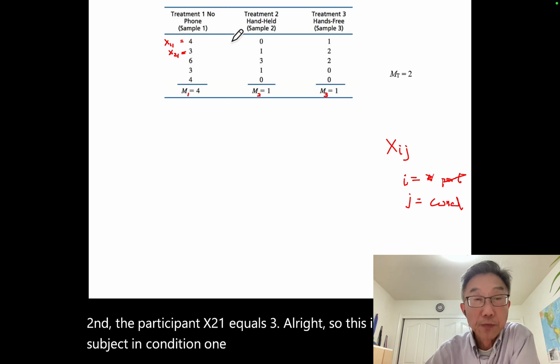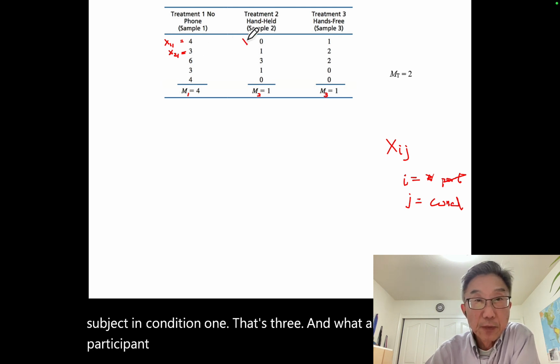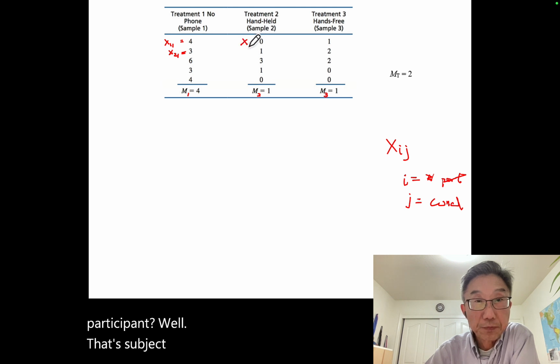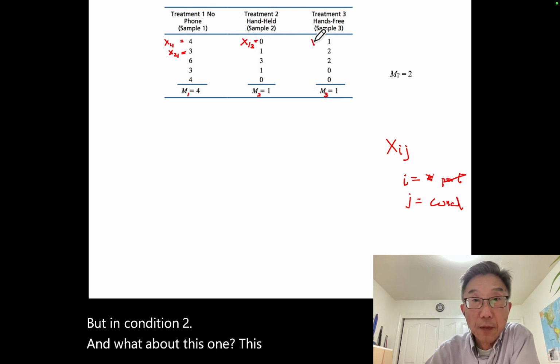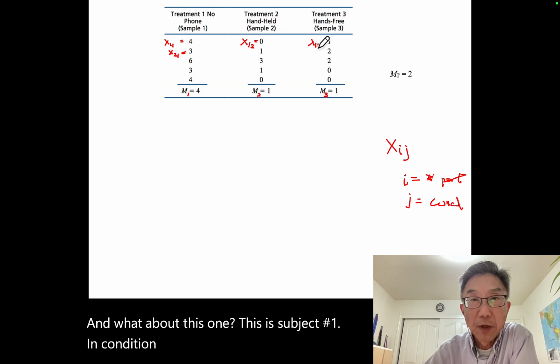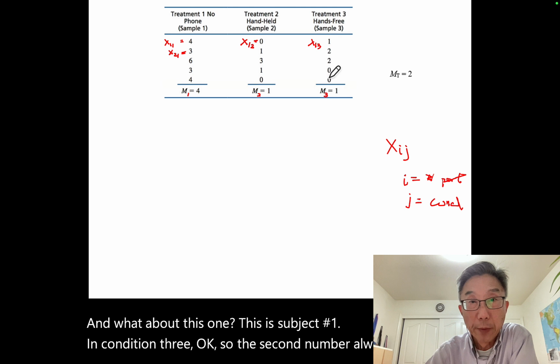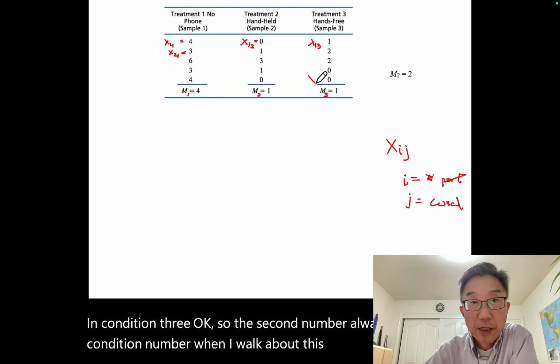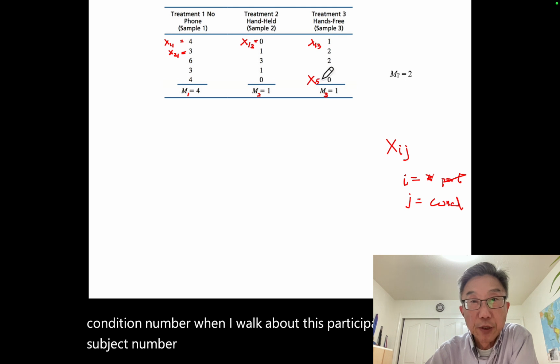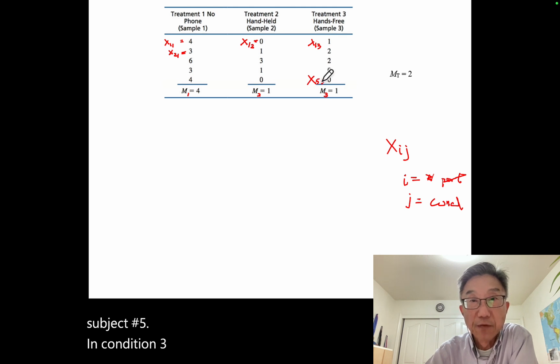And what about this participant? Well, that's subject number 1, but in condition 2. And what about this one? This is subject number 1 in condition 3. The second number always indicates the condition number. What about this participant? This is subject number 5 in condition 3, so that's x5,3.